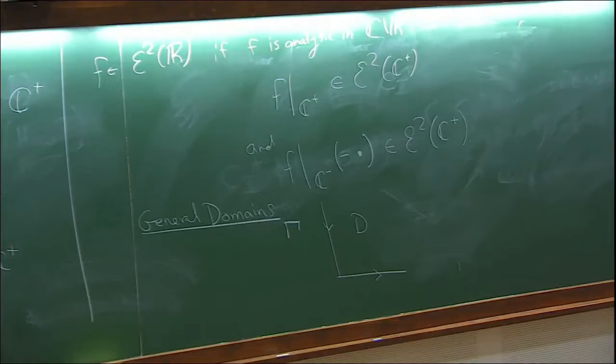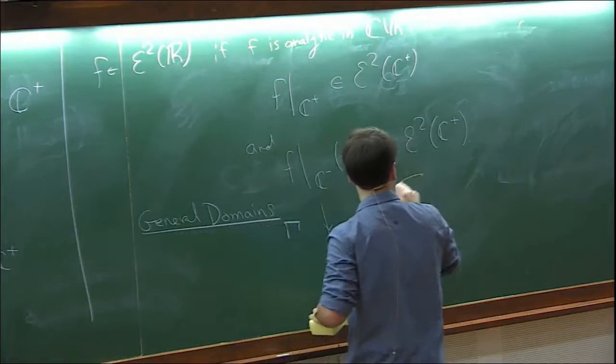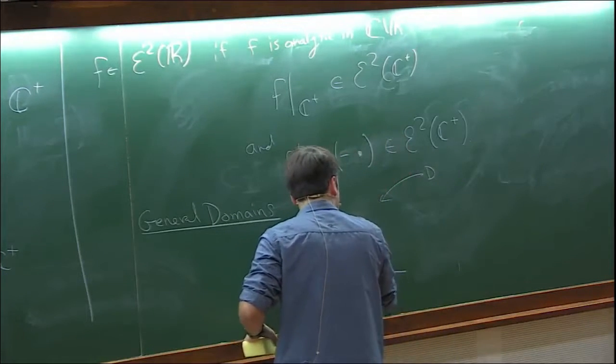So you think of these as being contours in the upper half plane that approach the boundary. And so what you actually do is I start with a sequence of contours that grow in size.